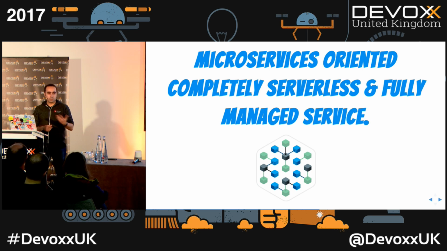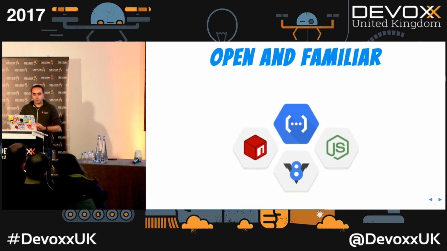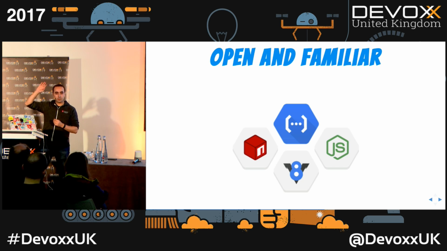Of course, you can use a VM or any other backend, but you will need to scale it yourself and manage it yourself. Here, you pay when your function runs, compared to a VM. It's also open. If you are familiar with JavaScript, any JavaScript developers in the room?